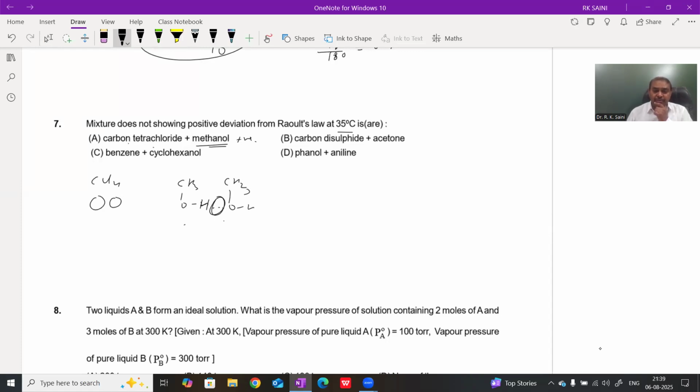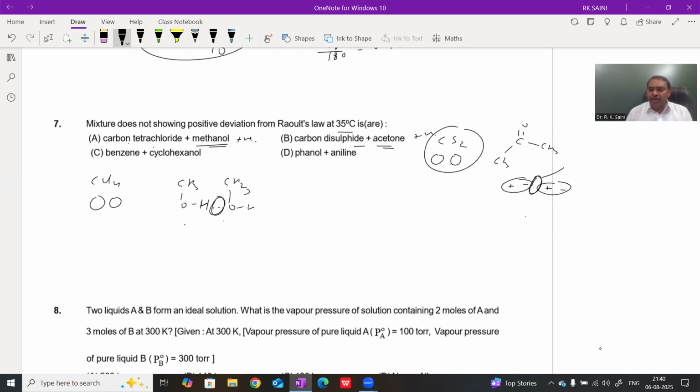Therefore, it is positive. Similarly, carbon disulfide and acetone. Carbon disulfide is also non-polar. Dispersion force is the weakest force between molecules, and acetone is polar. First of all, we write attraction forces in pure form. Dipole interaction forces in pure form of acetone. When acetone is mixed with carbon disulfide, then these forces also disappear, become weaker, and hence positive deviation.